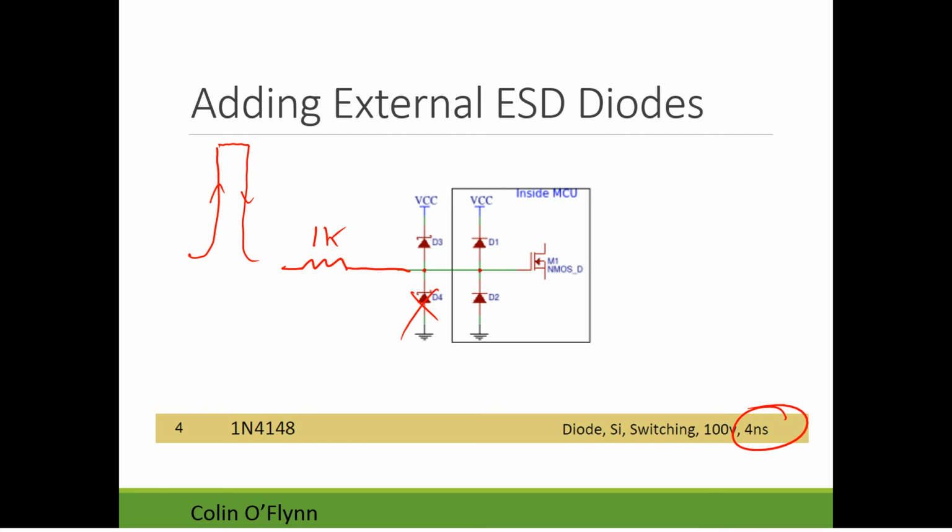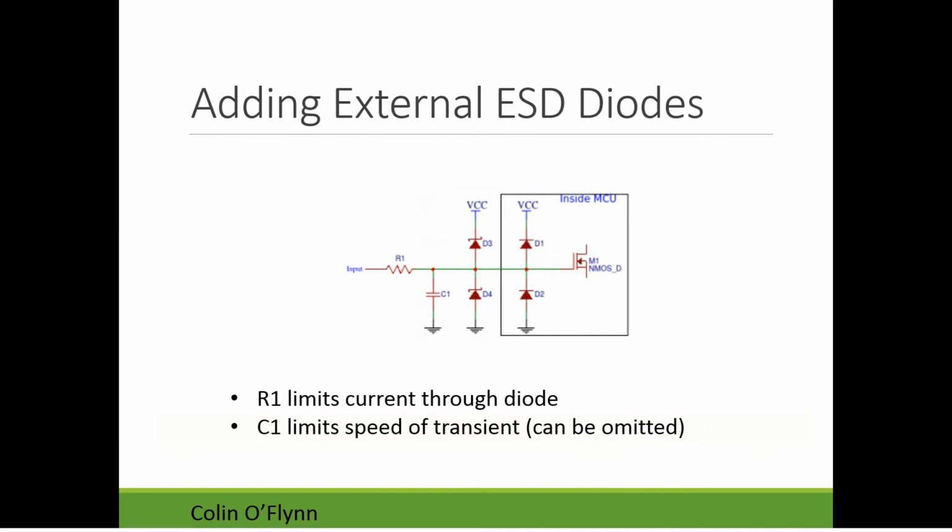So if this is a 10 kilovolt ESD spike, this diode might not actually switch on fast enough. So what you can do is add a capacitor, and the capacitor and resistor will slow down your input spike. And this gives the diodes more time to switch on and then dissipate the surge.